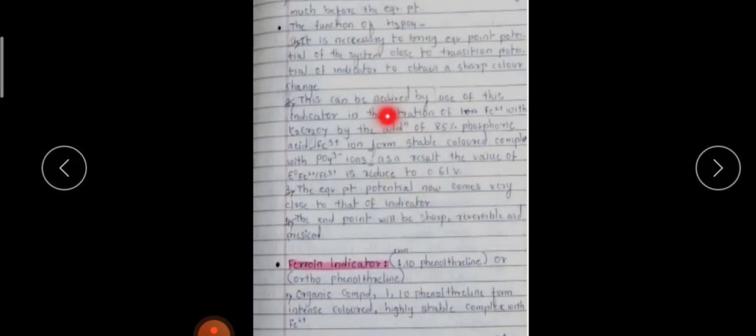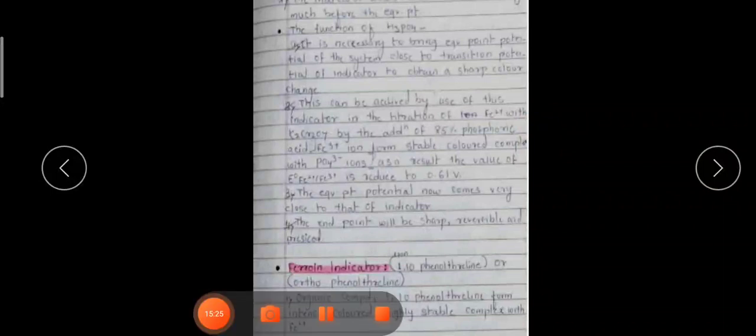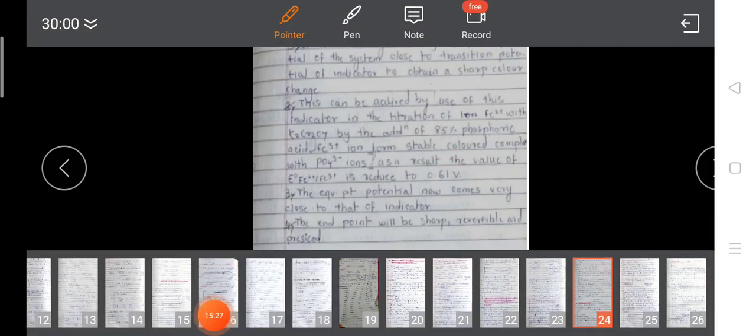Another question is on the ferroin indicator, its use. Why is H3PO4 used? It is used for the activation of this particular indicator in the titration.